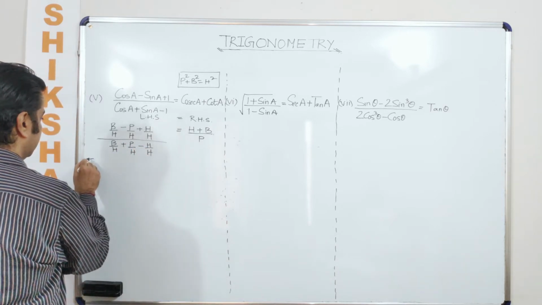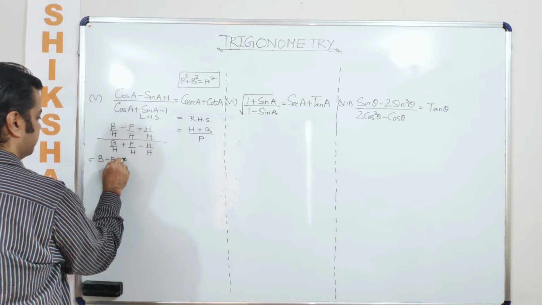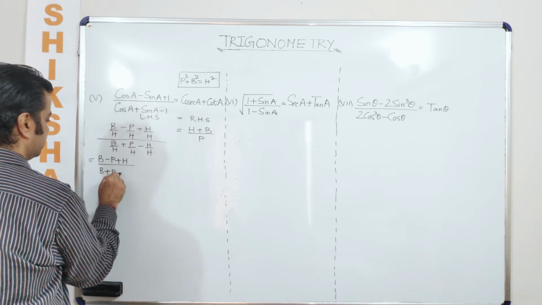That means the left hand side expression is b minus p plus h divided by b plus p minus h.